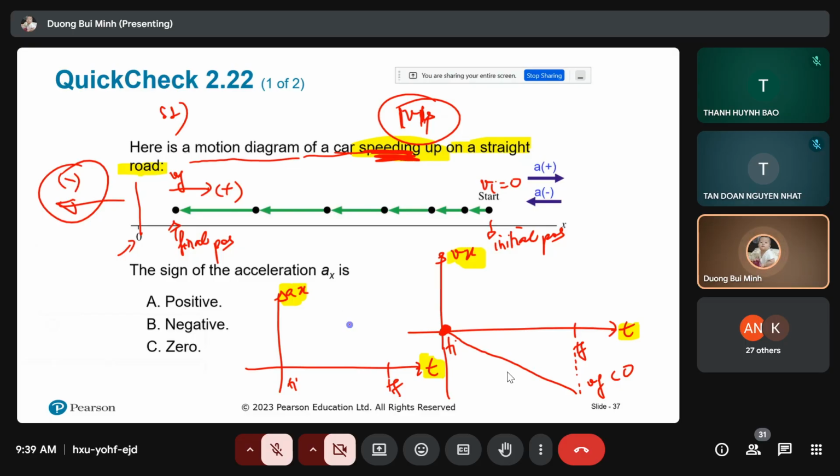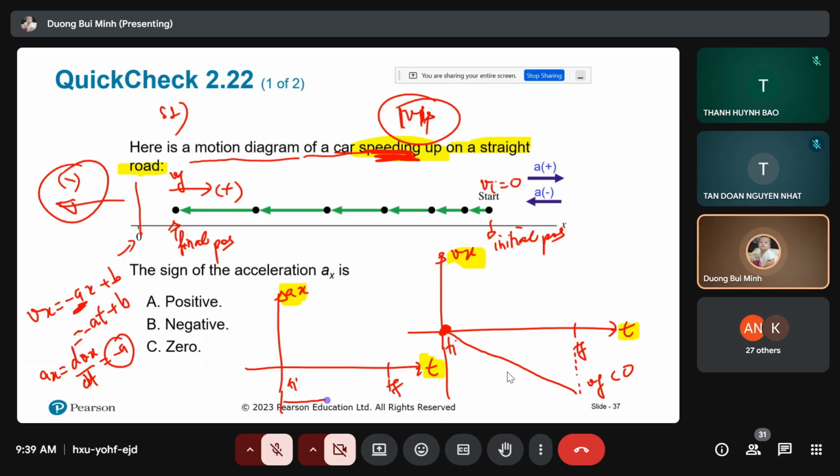So how about Ax? If Vx is negative, that means Vx is minus At plus B. It should be minus because it is negative, right? So when we calculate Ax, dVx over dt, you get minus a.